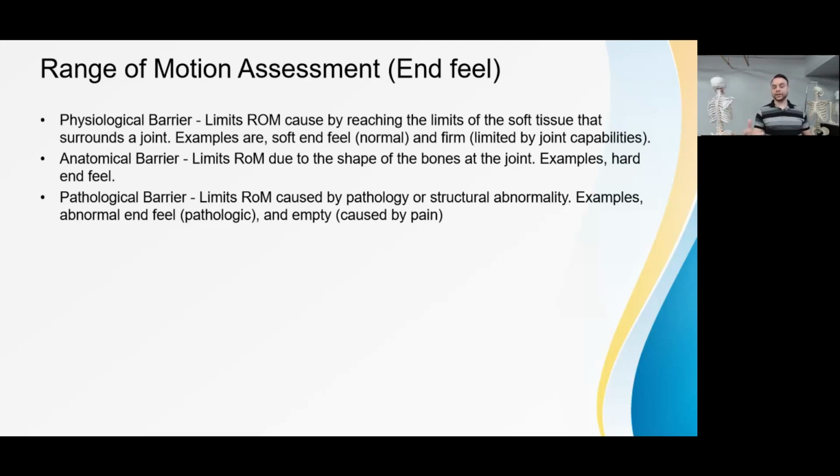Maybe the shape of the joint, shape of the bones, or another condition such as arthritis, or maybe there was a previous break or previous luxation before. Something along those lines is causing an issue. Or an empty range of motion, which is where the joint experiences pain somewhere and causes us to stop moving the joint any further.